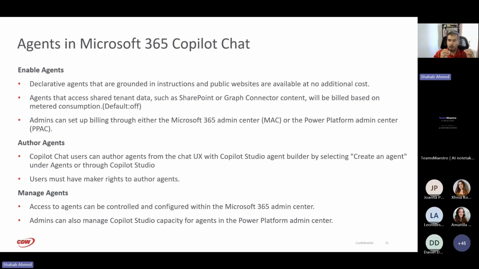Anyone and everyone who has an Entra ID has access to Copilot Chat. Once you have access to Copilot Chat, you can also get access to Copilot agents. One way to pay for them is the M365 Copilot license, which is $30 US. But there are also pay-as-you-go models or message packs, and if you have Azure subscriptions, that's how you're going to be able to pay for them, right?